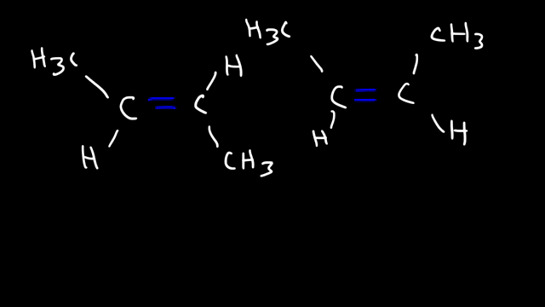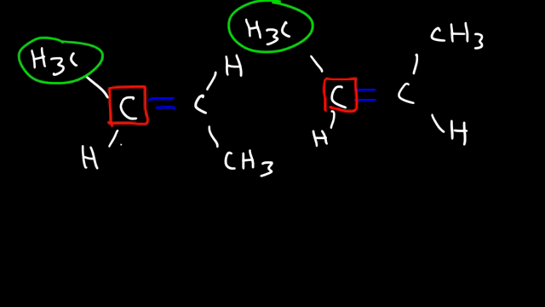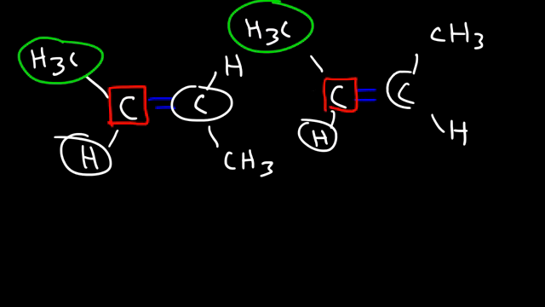So they are stereoisomers, specifically cis-trans geometric isomers. So if we look at this carbon, it's attached to the same thing as this carbon. Both carbons are attached to a methyl group. They're both attached to a hydrogen and to another carbon.